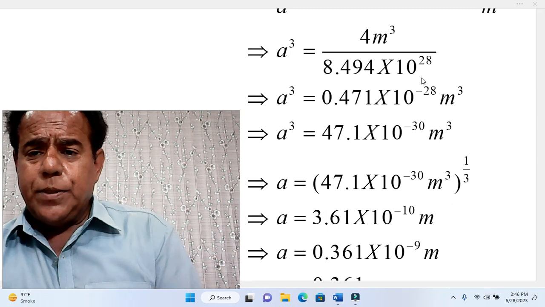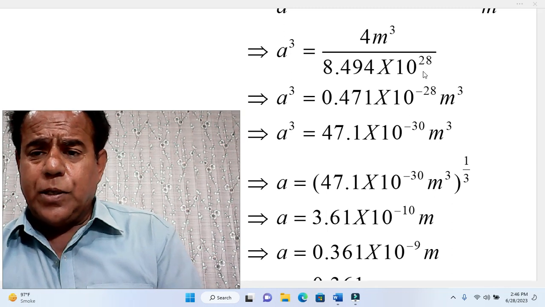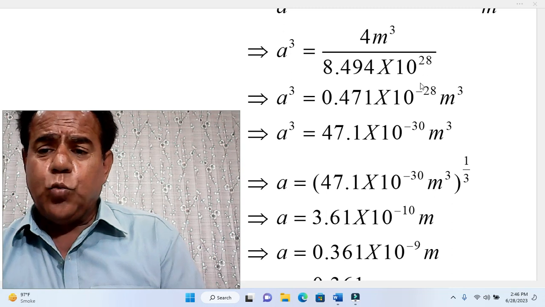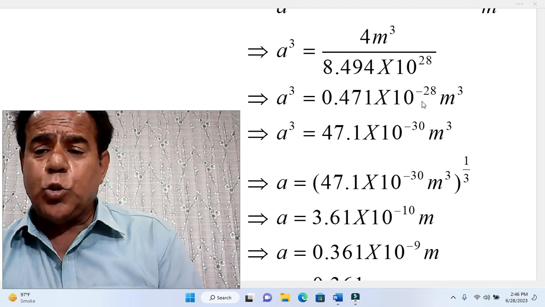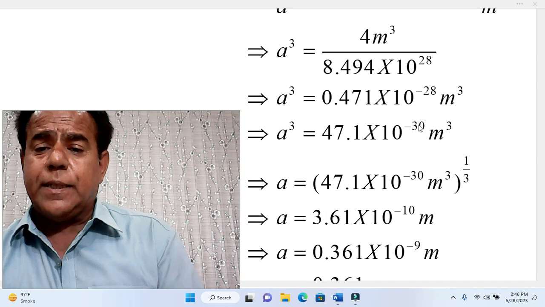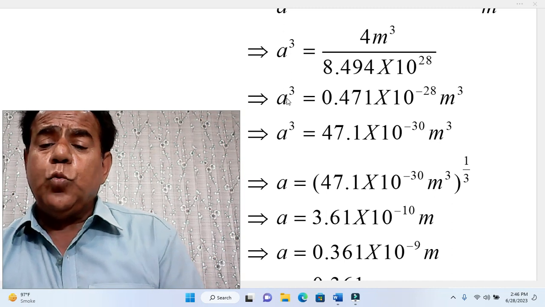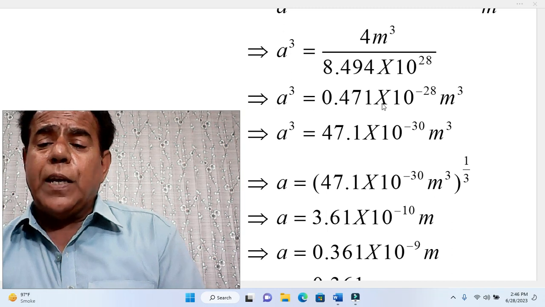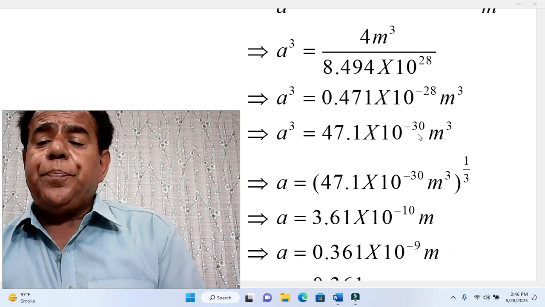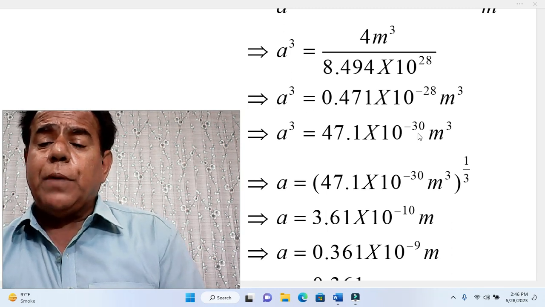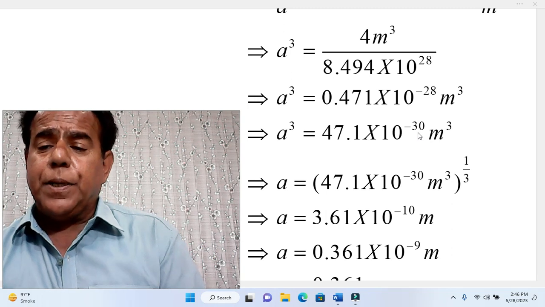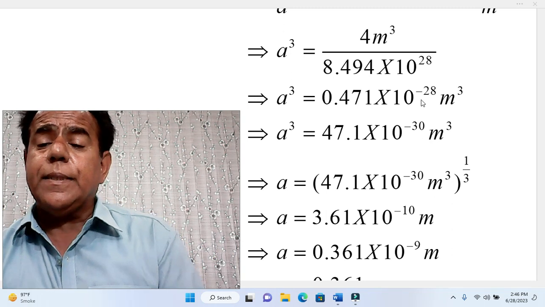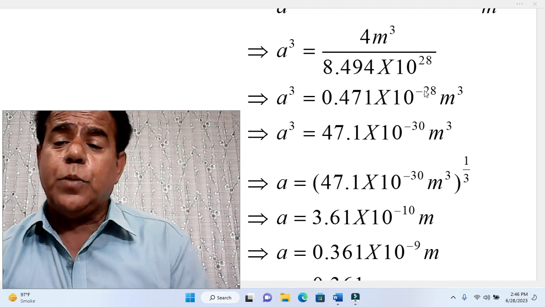Here, dear students, because of 10 raised to the power minus 28, we will have to convert it into 10 raised to the power minus 30, because we have to take the cube root of this value. One third of 10 raised to the power minus 30 will be simpler instead of 10 raised to the power minus 28.